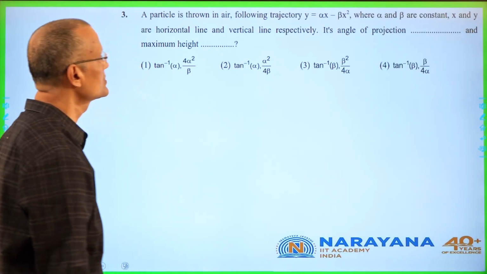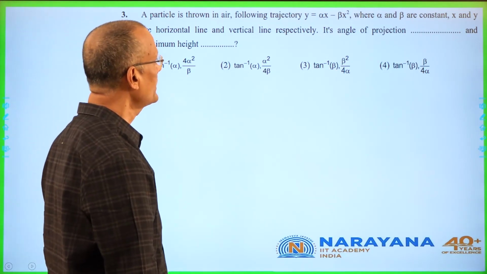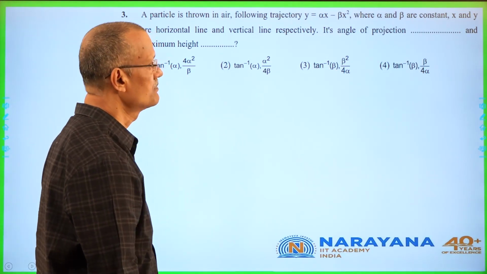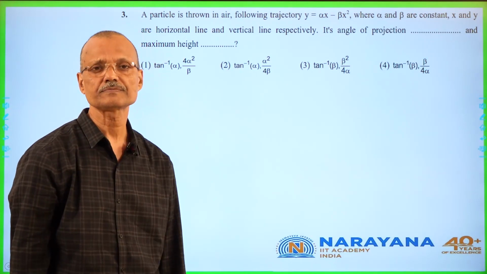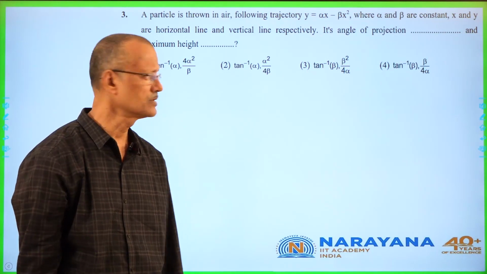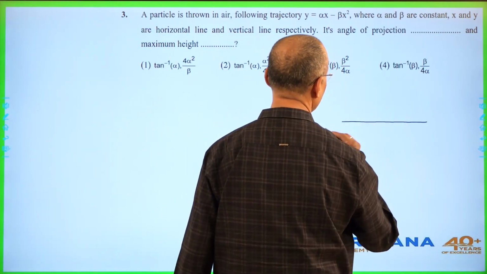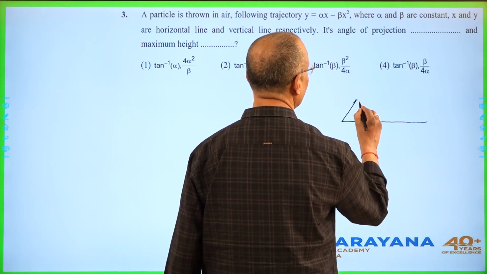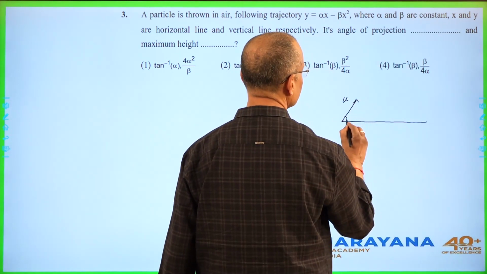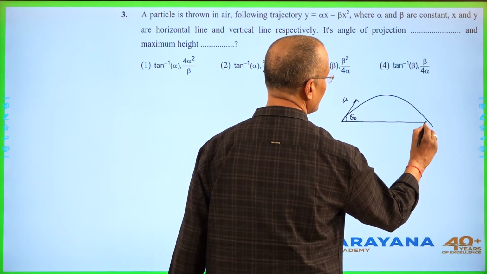A particle is thrown in air following trajectory y equal to alpha x minus beta x squared. Famous oblique projection, projectile motion question. Suppose I have a particle, I am projecting with velocity u at an angle theta naught with horizontal.